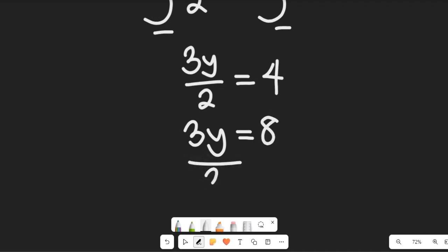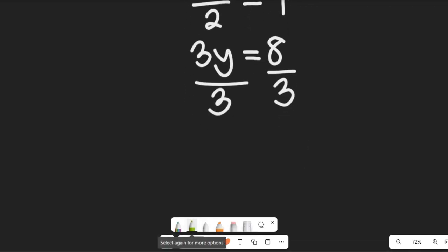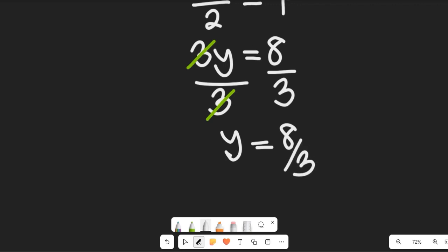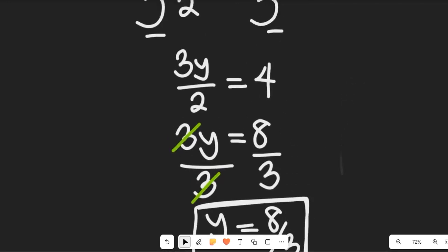If we divide both sides by 3, what are we going to have? We'll have the value of our y. The value of y will be equal to 8 divided by 3. Great. And that is the solution to the expression given to us up there.